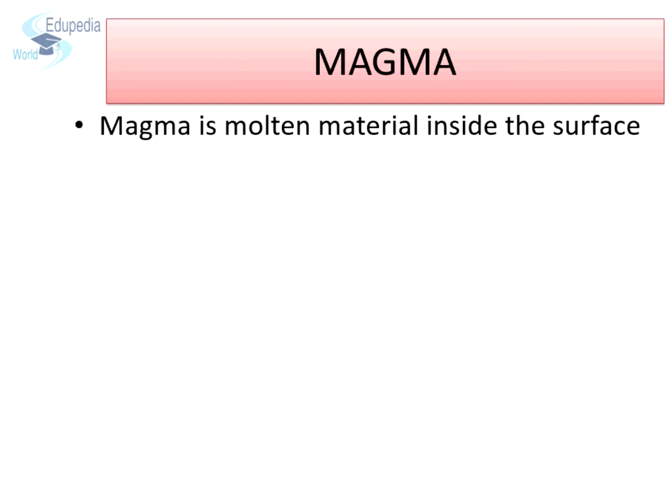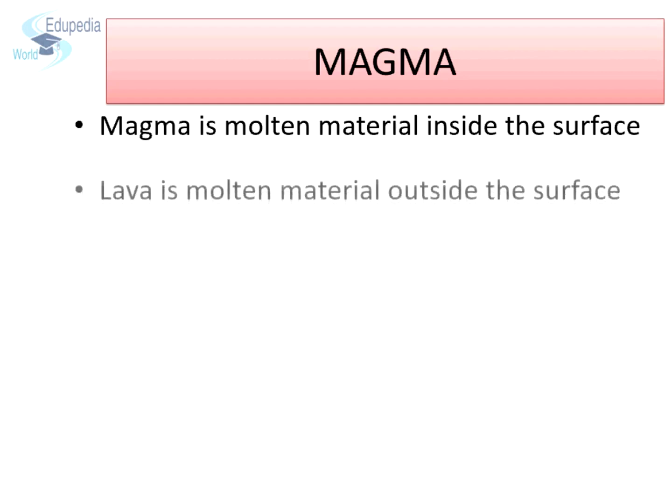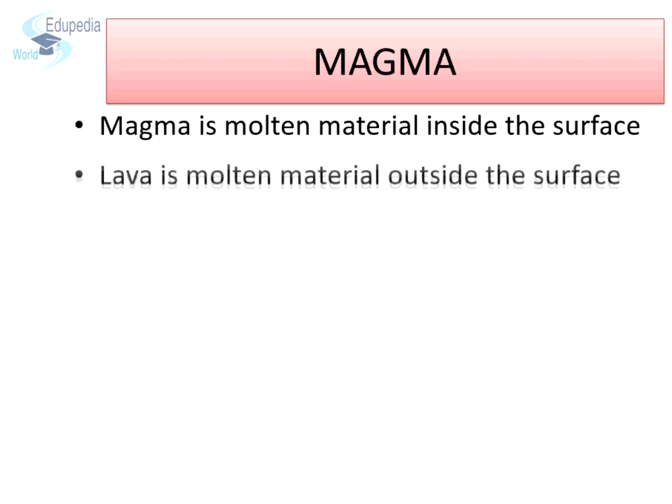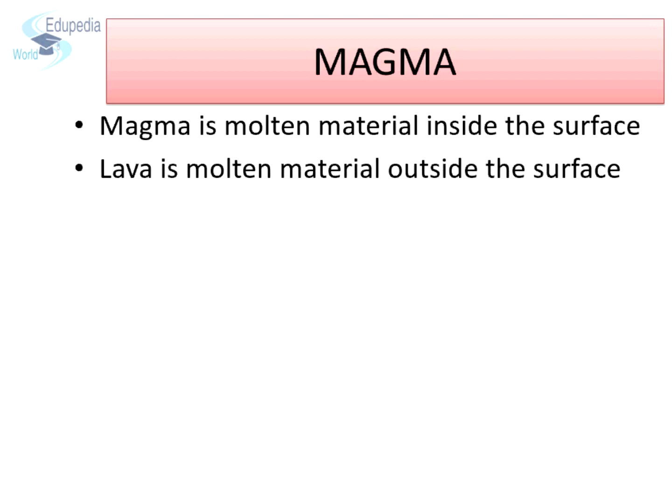Magma is molten material inside the Earth's surface, while lava is the molten material outside the Earth's surface. Since magma is a result of melting of existing rocks, it follows that it must be in a liquid state. However, magma often consists of rock pieces and vapor.